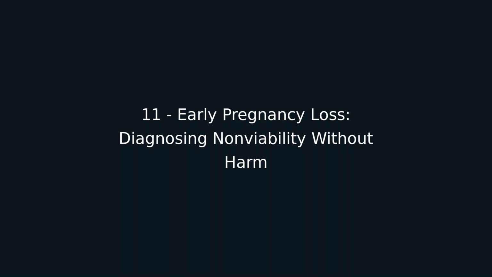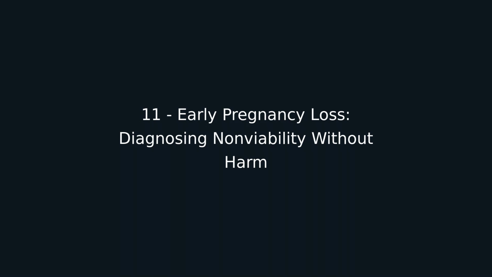If she is stable, move through the diagnostic sequence. First, confirm pregnancy. Second, locate the pregnancy. Third, assess viability. Fourth, decide whether the finding is diagnostic of non-viability or only suspicious. That order prevents the most dangerous shortcuts.